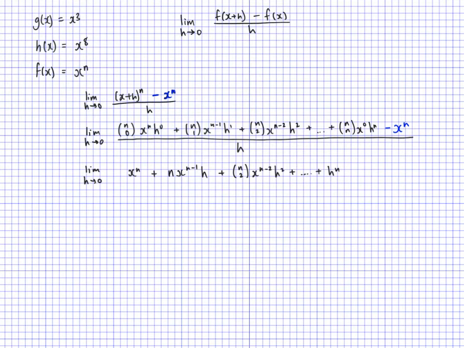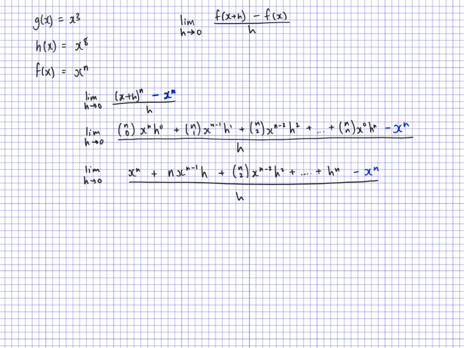Now, I need to take away x to the n, like it tells me to do here: take away f of x, and f of x is x to the n. Now, if I divide this by h, let's see what I have. Here now, I can see that this x to the n, I can cancel with this x to the n.